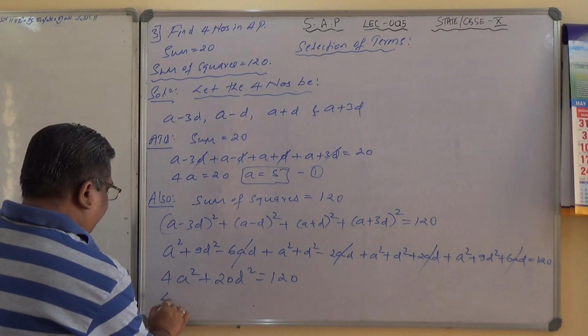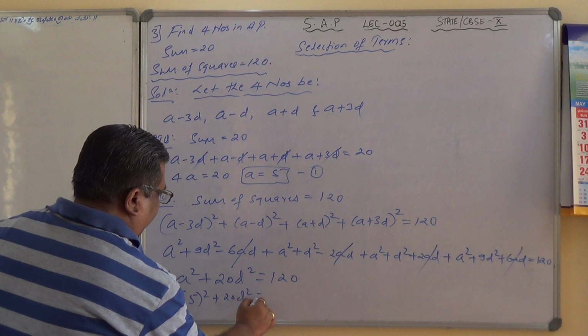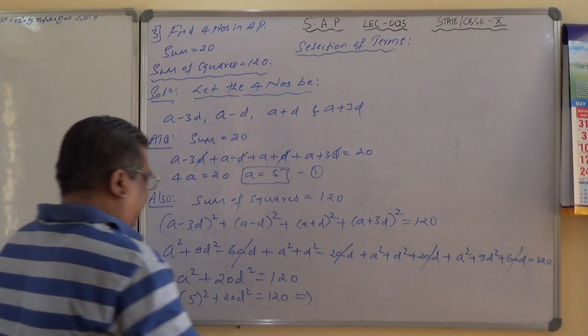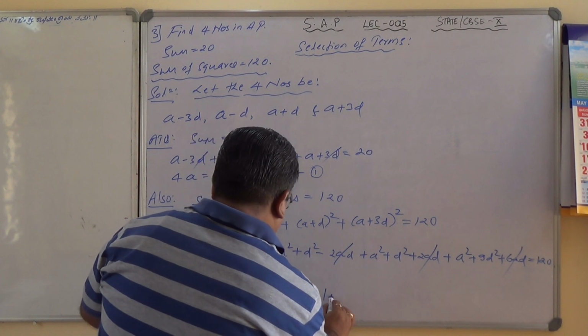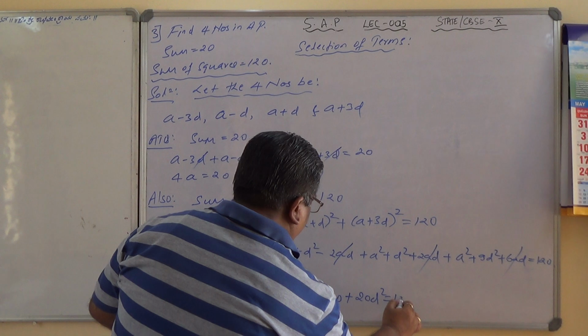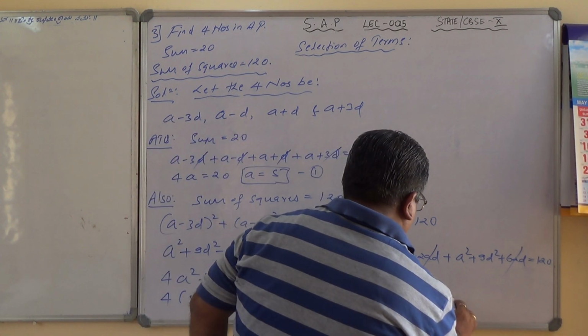Put the value of a as 5: 4 times 25 is 100, so 100 plus 20d square equals 120, implies 20d square is equal to 20.